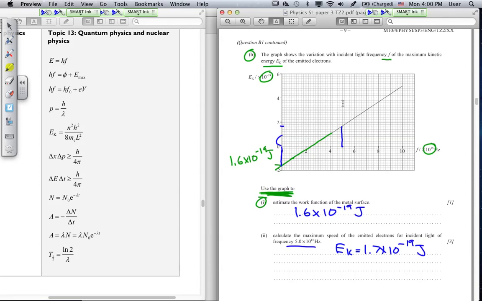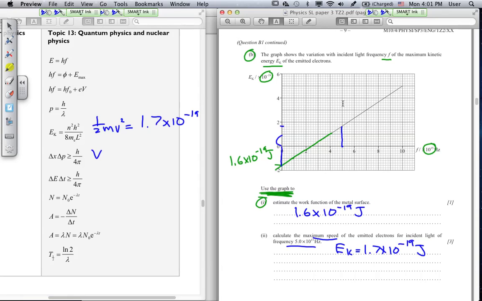Now that's a kinetic energy, and we know our kinetic energy formula is a half mv squared is equal to the kinetic energy, so that's equal to 1.7 times 10 to the negative 19. We want to know the velocity. We want to calculate the maximum speed.